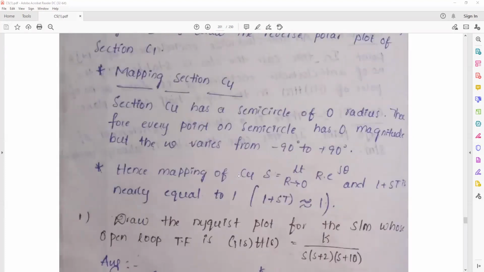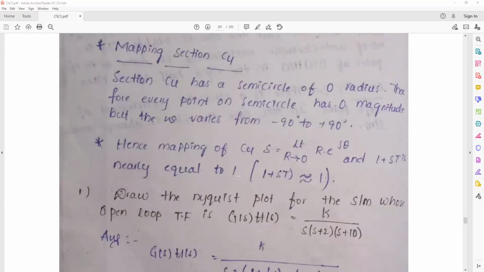Okay, and the last section, C4. The mapping of section C4 is a semicircle of 0 radius. Therefore, every point on the semicircle has 0 magnitude, but the angle varies from minus 90 to plus 90.